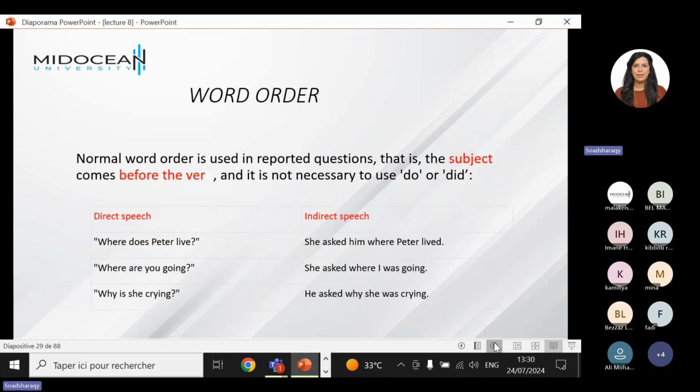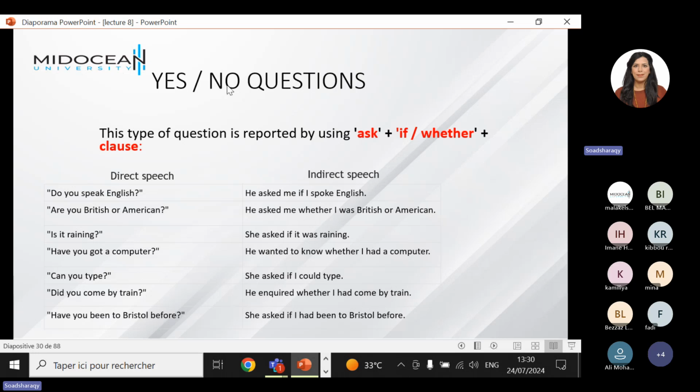Yes or no questions. This type of question is reported by using ask plus if or whether plus clause. Example, direct speech: do you speak English? Indirect speech: he asked me if I spoke English. Another example: are you British or American?